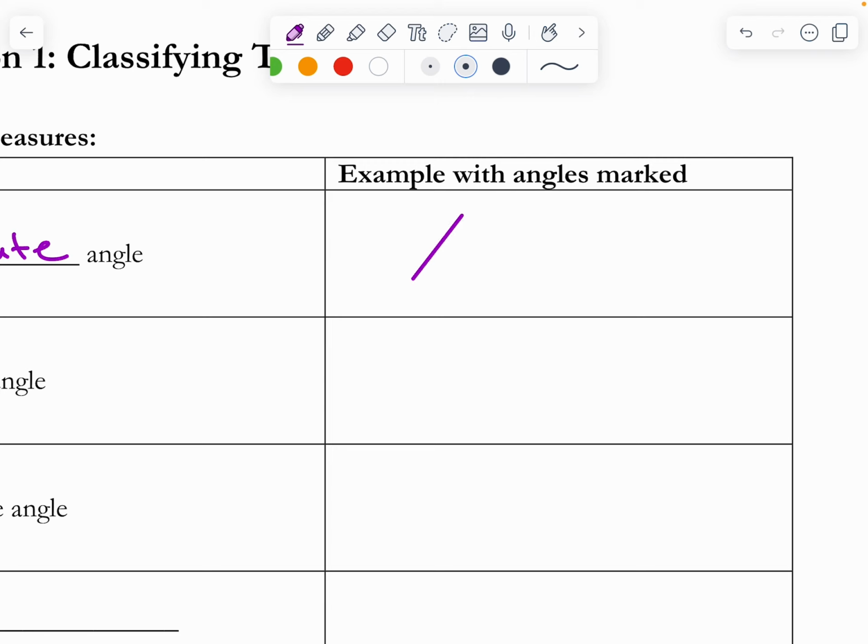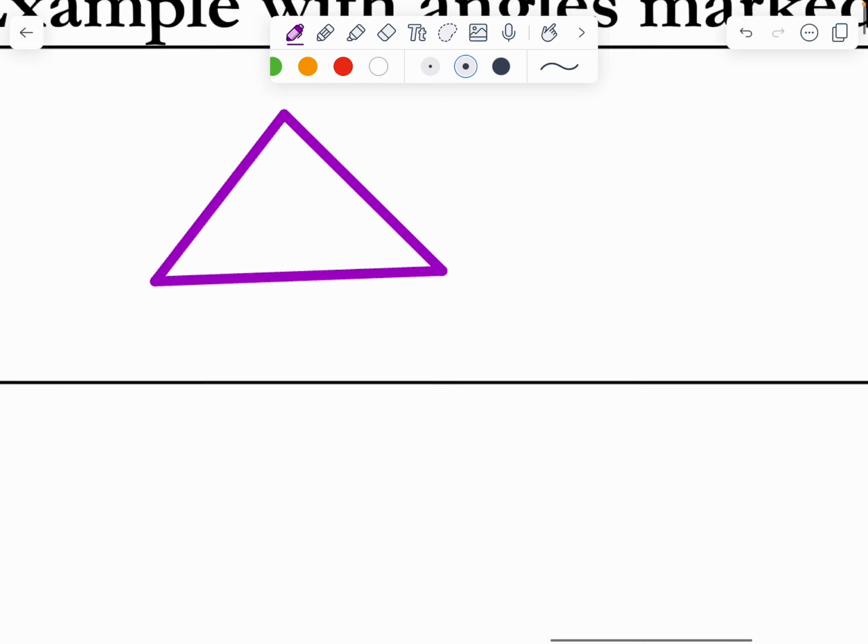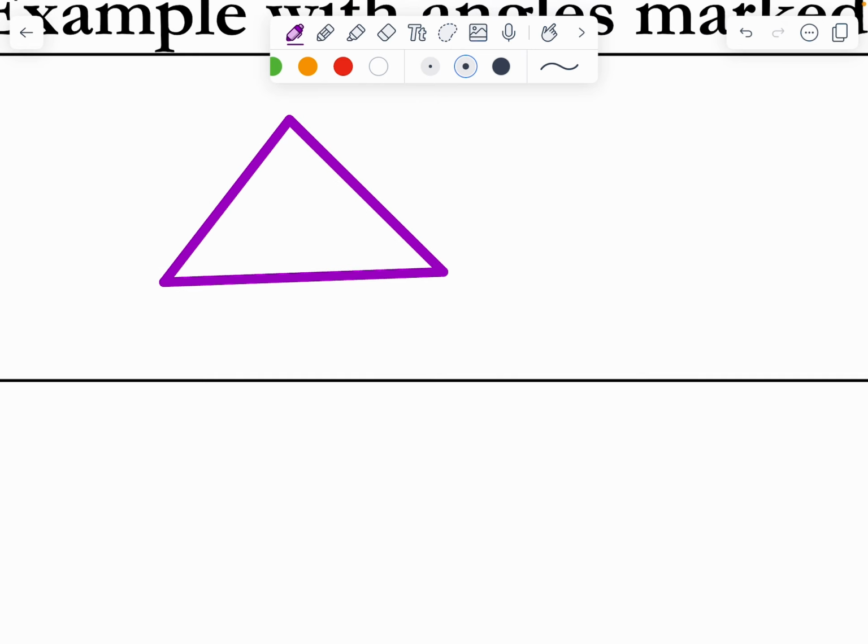So if we had a triangle, let's make it look something like this, and in this triangle, let's say we had 75 degrees in here, and then we have 85 degrees up here, and then 20 degrees over here.